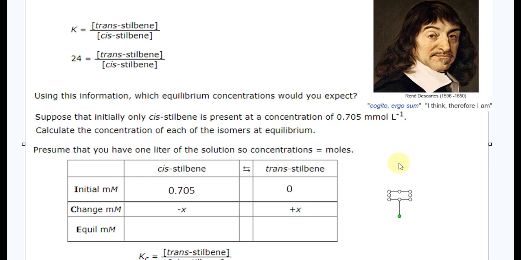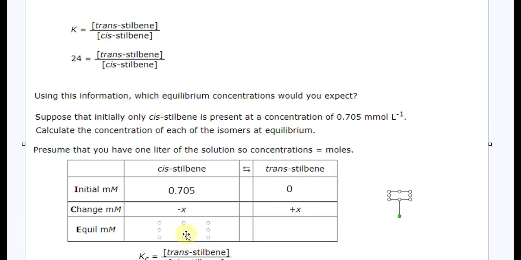He also set up A, B, and C for known quantities. But let's use our X here and realize that there's going to be 0.705 minus X cis-stilbene. That's going to be reduced, and we're going to get X amount of trans-stilbene.